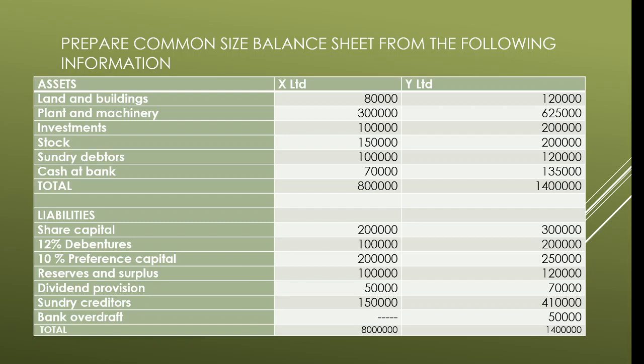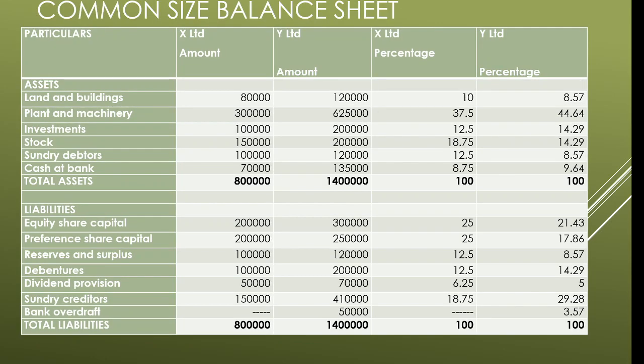Similarly, liabilities: share capital, 12% debentures, 10% preference capital, reserves and surplus, dividend provision, sundry creditors, bank overdraft, and the total is 8 lakhs and 14 lakhs. With this information, we are to prepare a common size balance sheet.